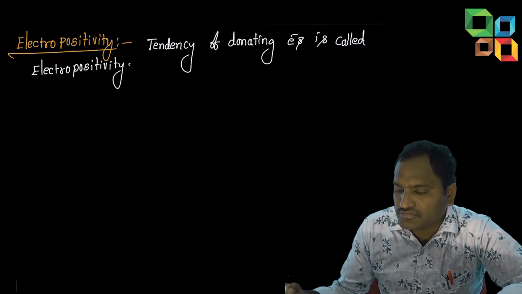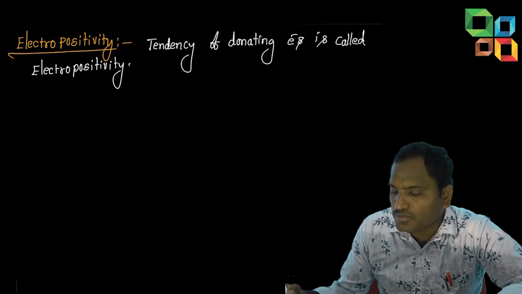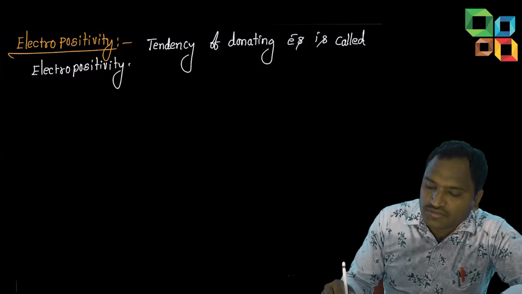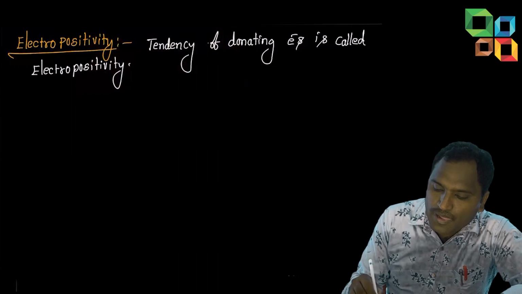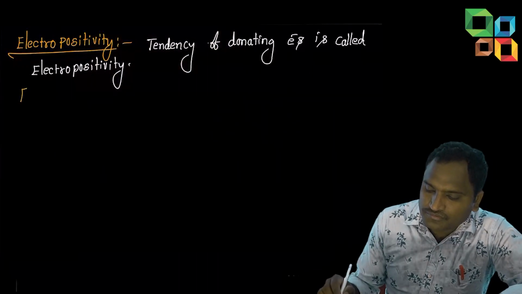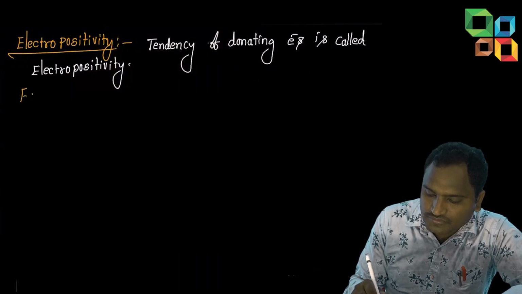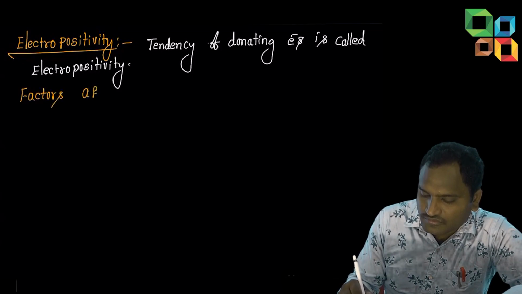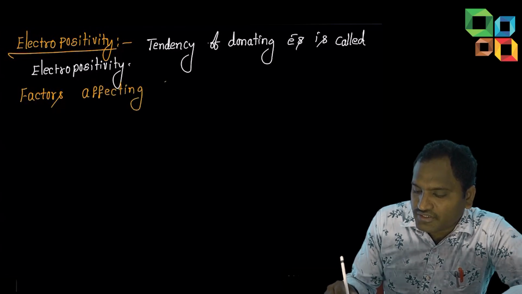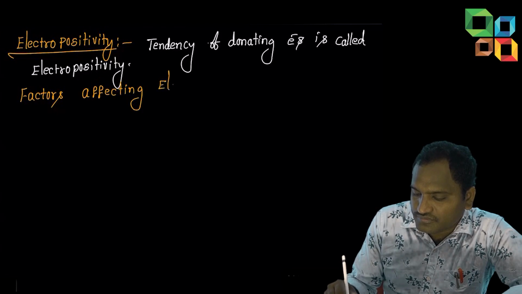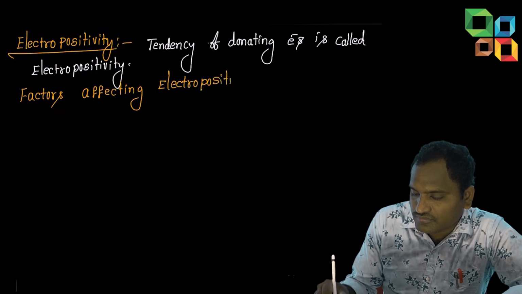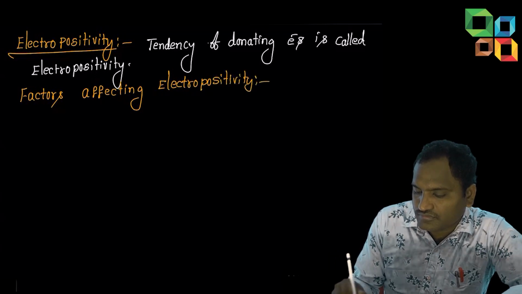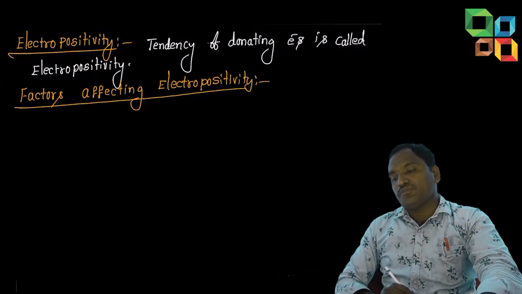Tendency of donating electrons is called electropositivity. Next, factors affecting electropositivity.